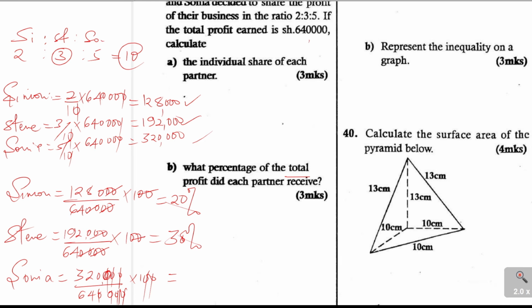So that 200 divided by 64 gives 50%. Simply use a calculator to work these out. Those are the percentages of each partner. So we go to the next question.